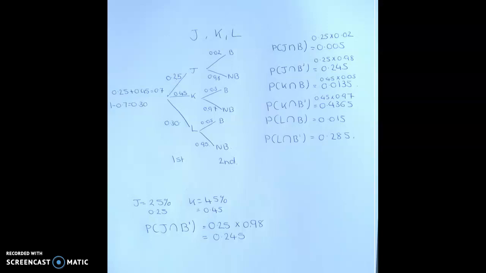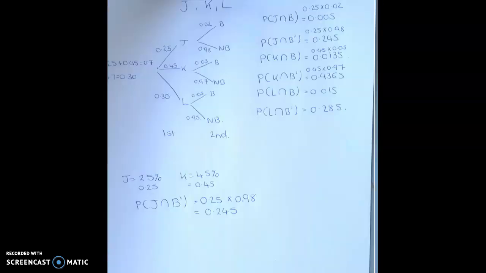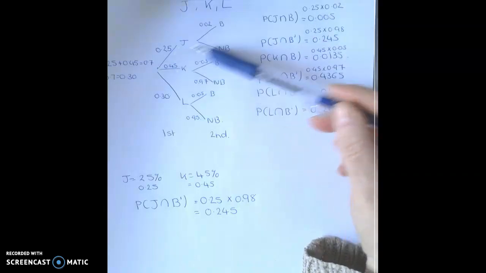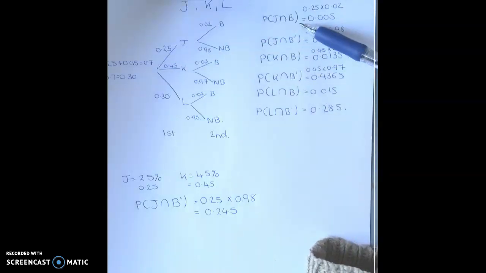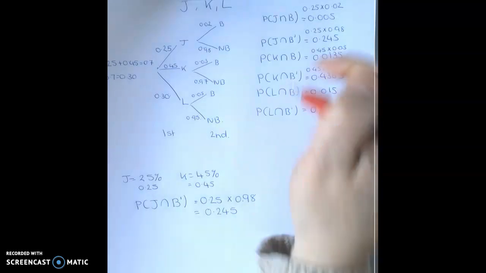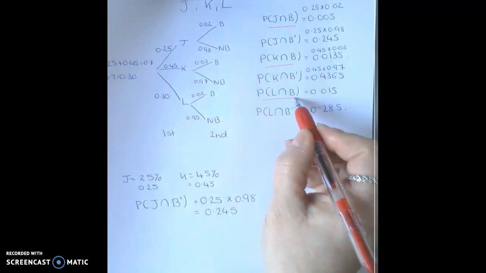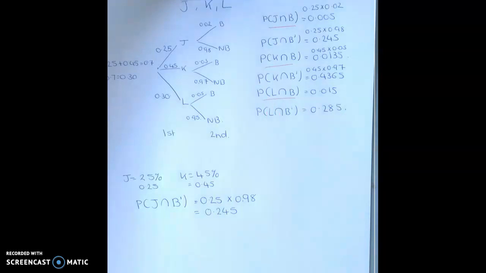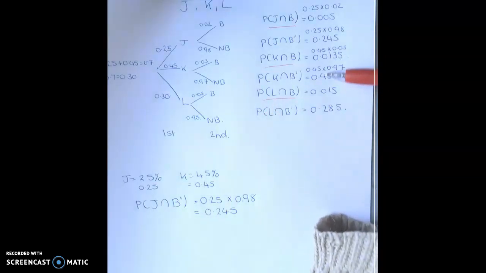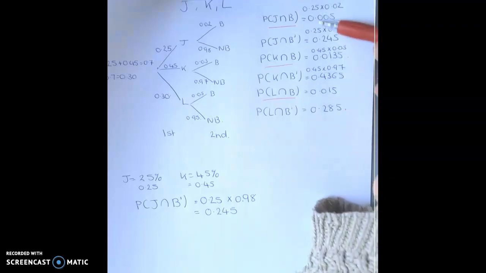Now the next question is slightly more complicated. We need to find the probability that the biscuit is broken. You can do this one of two ways. We've already written down here the probability that you pick a certain machine and the biscuit is broken. So if you pick machine J and the biscuit is broken, if you pick machine K and the biscuit is broken, and if you pick machine L and the biscuit is broken. When we're going down the leaves, you add the probabilities together.